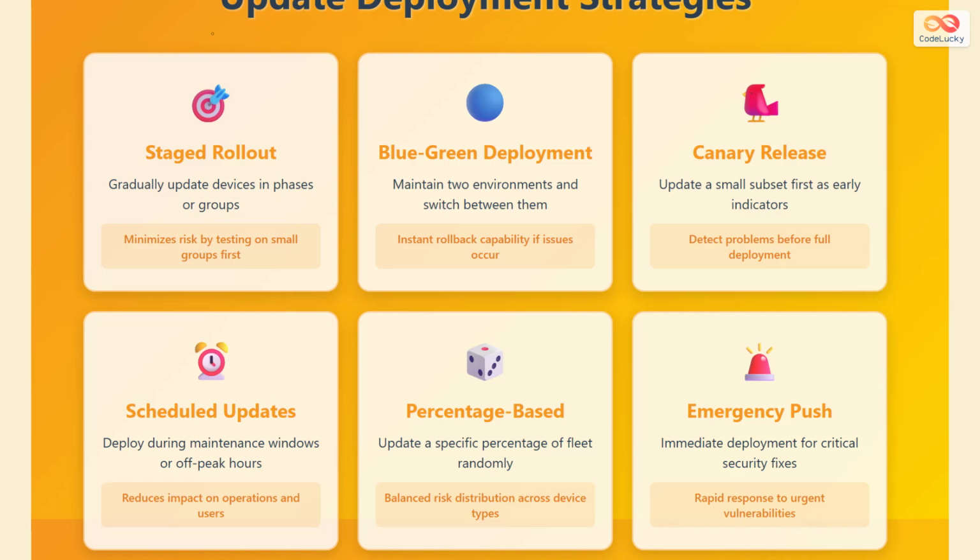Scheduled updates deploy during maintenance windows or off-peak hours to reduce impact on operations. Percentage-based deployment updates a specific percentage of the fleet randomly for balanced risk distribution. Emergency push provides immediate deployment for critical security fixes, enabling rapid response to urgent vulnerabilities.